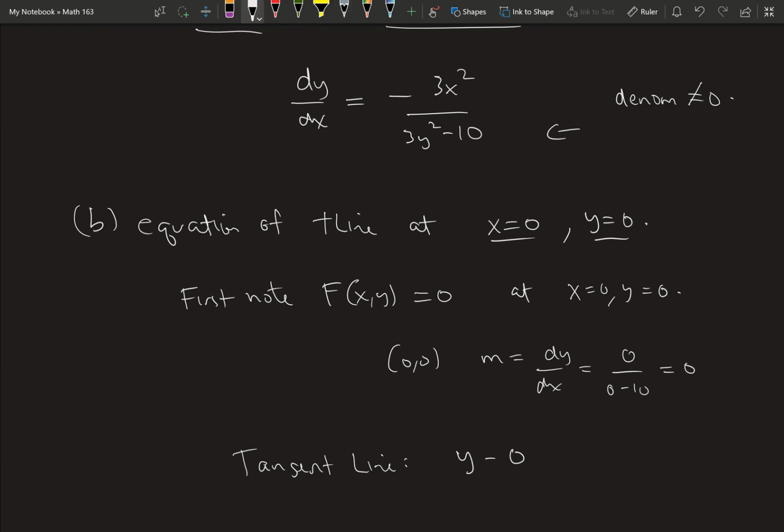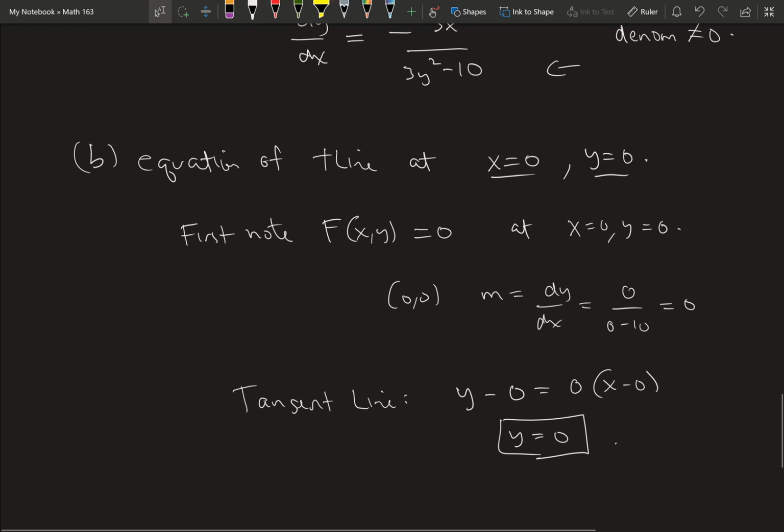Y minus y1 is m times x minus x1. So we simply get the line y equals 0. So this is a place where the tangent line is horizontal. In particular, the tangent line is exactly the line y equals 0.